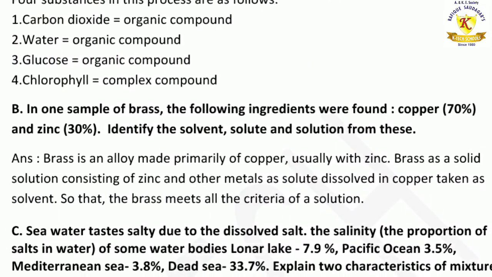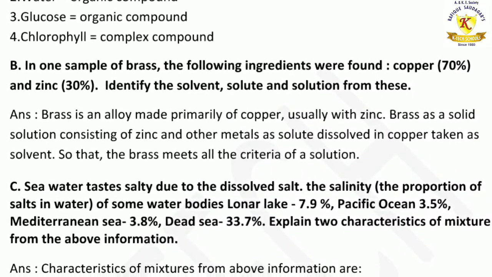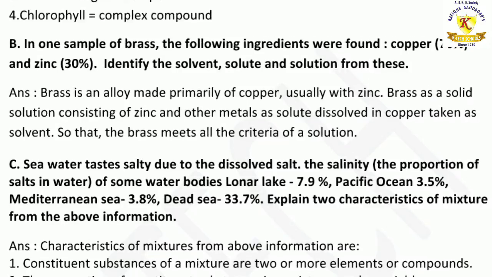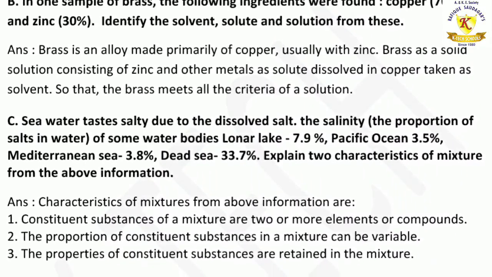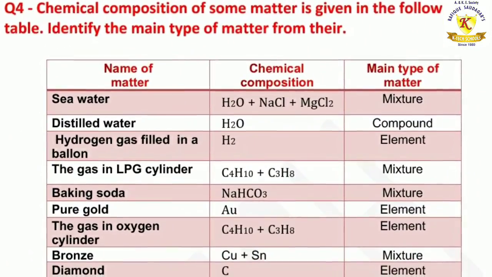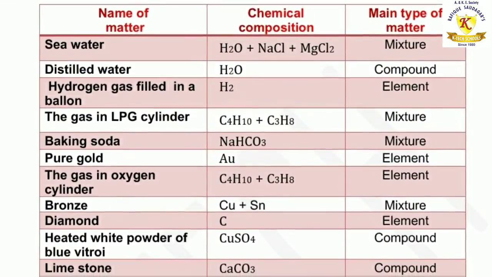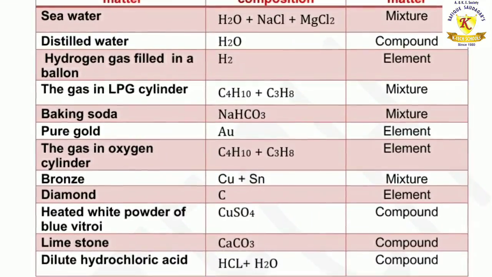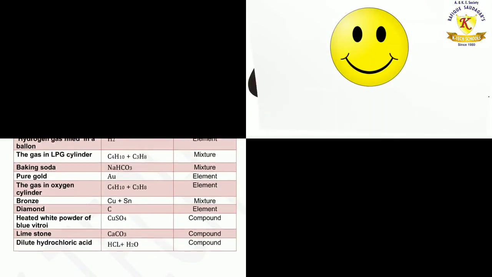Same question number 3, you have to write down the answers in brief. The questions which have been asked, you have to write the answers in detail. Okay, children? Then we need to write the chemical composition. You have to prepare a table of 3 columns and write the composition of each one of the elements.